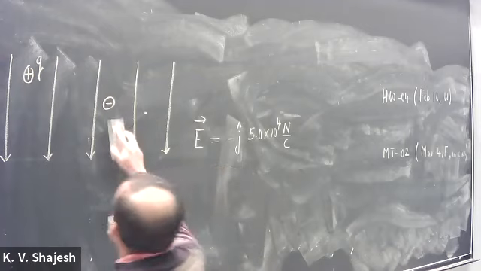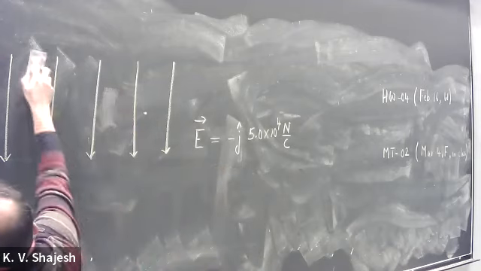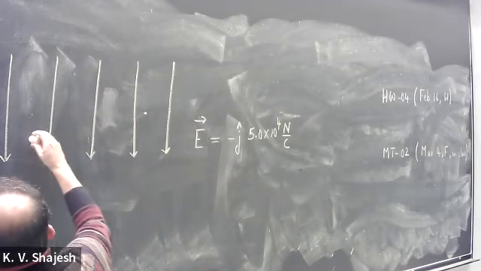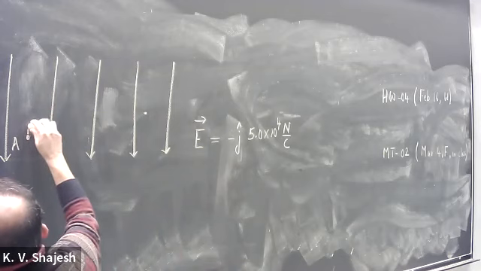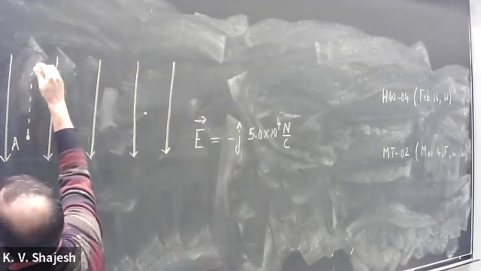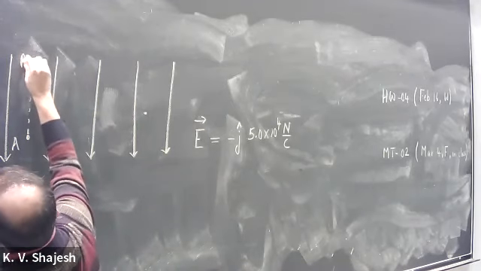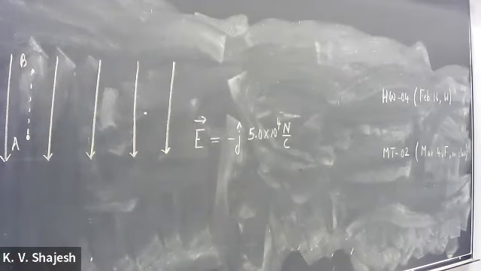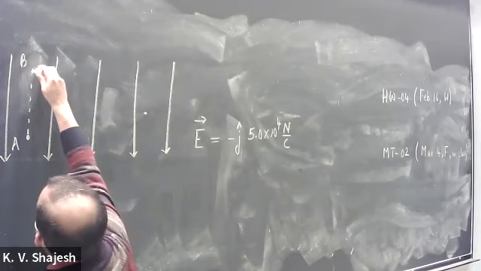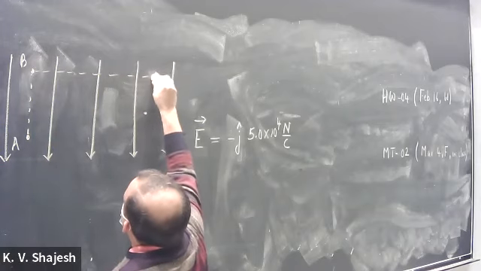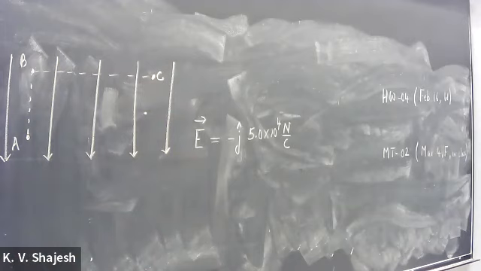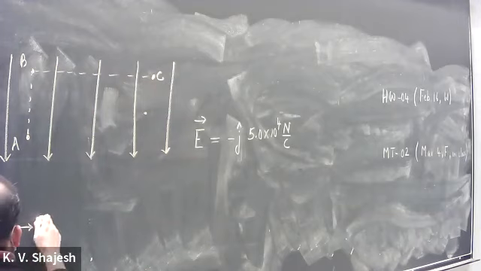Let's have the first situation. Let's start from point A, and let's go along a straight line up to point B. And from that point, I'll go horizontally to point C. And we want to talk about, first, let's say A to B. What is the work done in going from point A to point B?